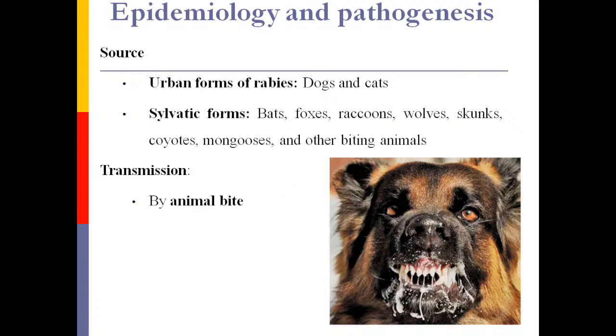They never come to the human because they are afraid of humans. It's not like domestic dogs or cats that love humans. But a wild animal may come to the human when it is infected with rabies and when this virus destroys all nervous cells in the brain.